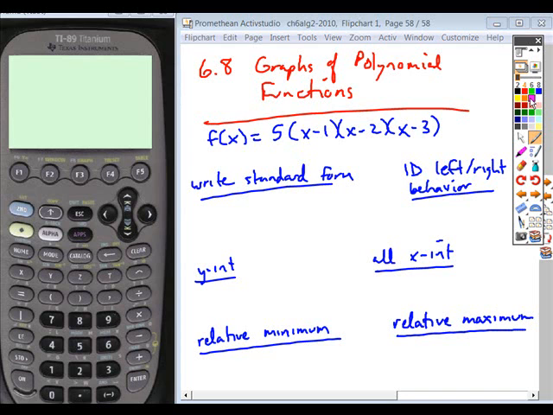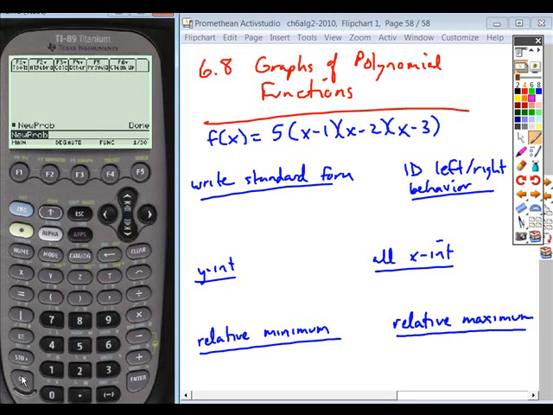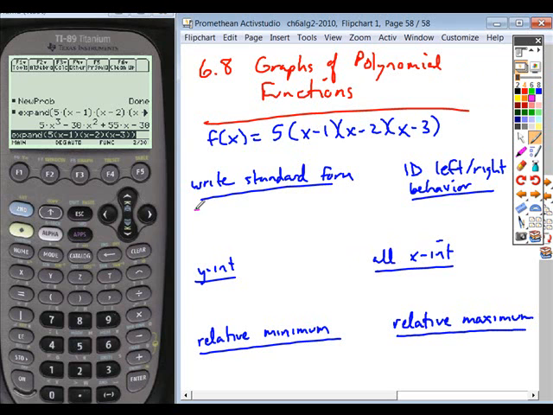First of all, let's write the standard form. What do we have to do in order to write the standard form of this? Expand. So we'll go in and expand this. Okay, so if I expand all my factors, I can identify this expanded form.